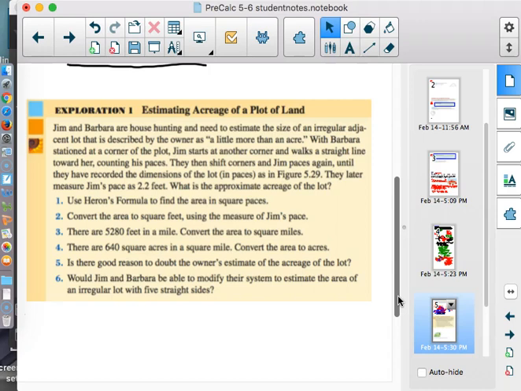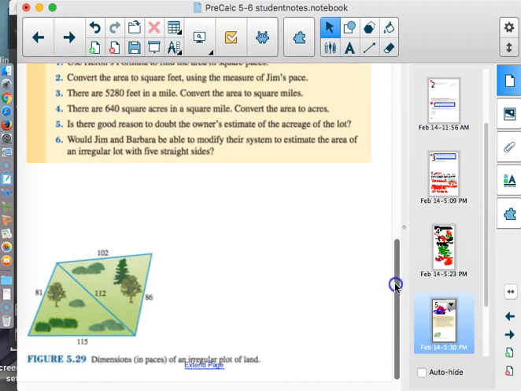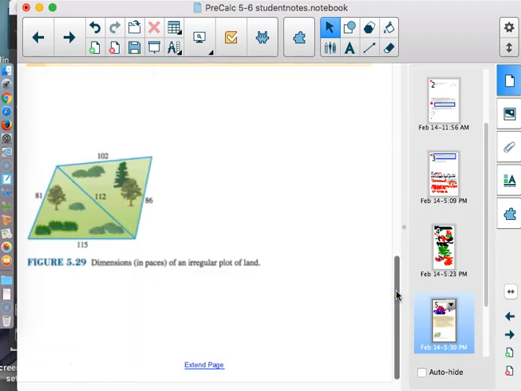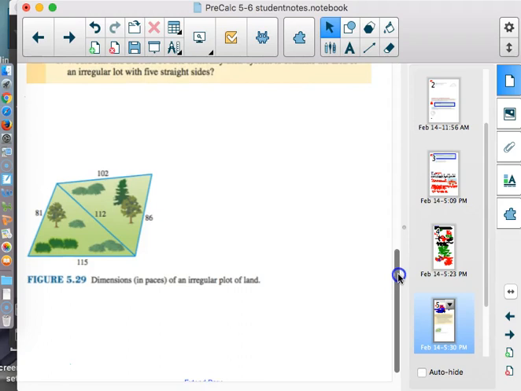They then shift corners and Jim paces again. So they're still using Jim as the pace person here until they've recorded the dimensions of the lot in paces, as in figure 5.29. So down here, we have a drawing of what they've figured out by the number of paces that Jim makes.